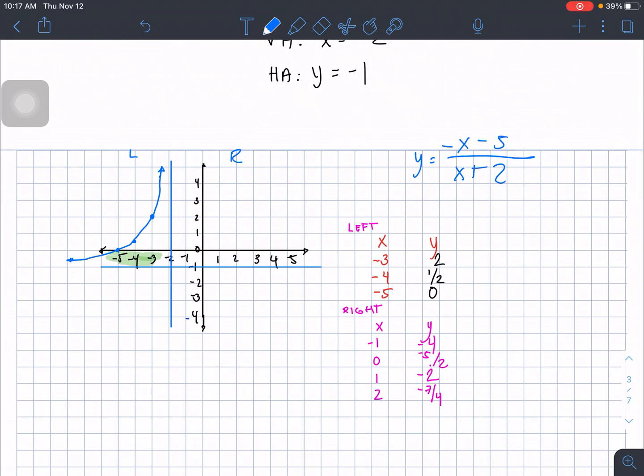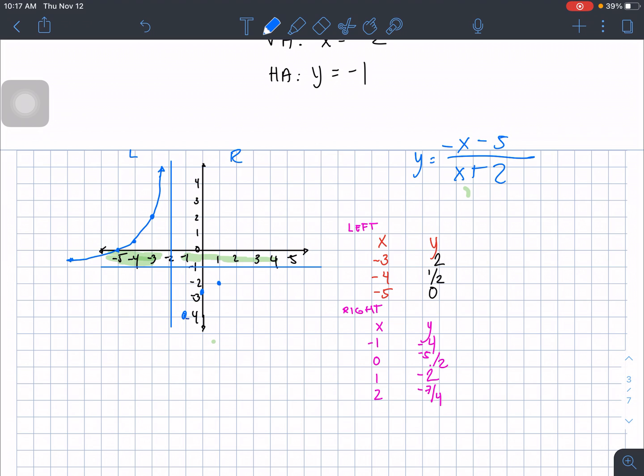The right part will be these values: negative 1, 0, 1, 2, 3, and so on. Substituting the values of x will give you these values of y. Negative 1 and negative 4, this will be here. 0 and negative 5 over 2, so maybe around here. 1 and negative 2, around here.